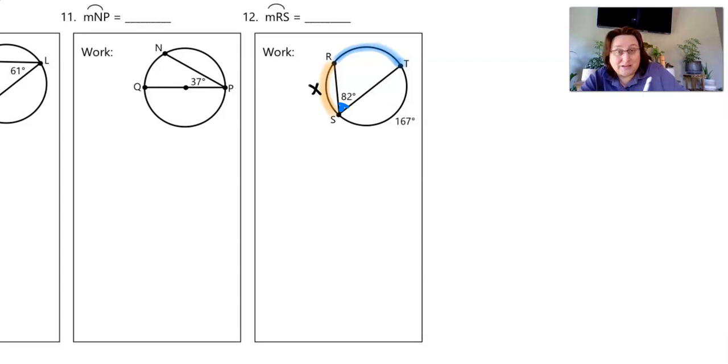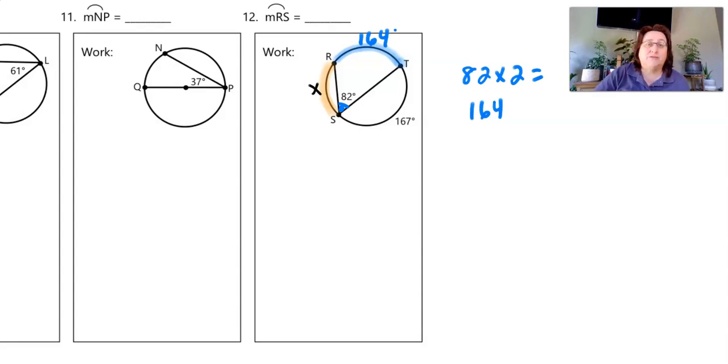Remember we said that an inscribed angle and the arc that it creates, this would be 82 times 2, because the arc measure is twice the measurement of the angle. So 82 times 2, this arc measure right here is 164 degrees. Let's look at what we have.